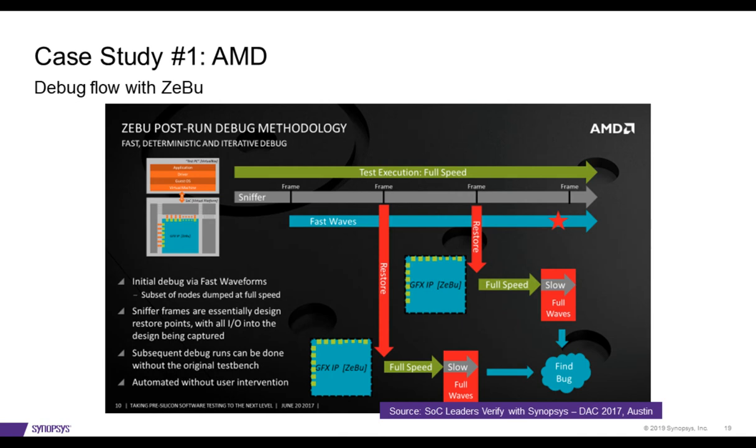And this slide talks about their overall debug methodology, where they are doing the system level analysis through some fast waveforms that are dumped for the entire duration, and then, based on the bug, rather than starting from time 0, they are restarting from close to the failure point, and then they are doing the debug and finding the root cause.